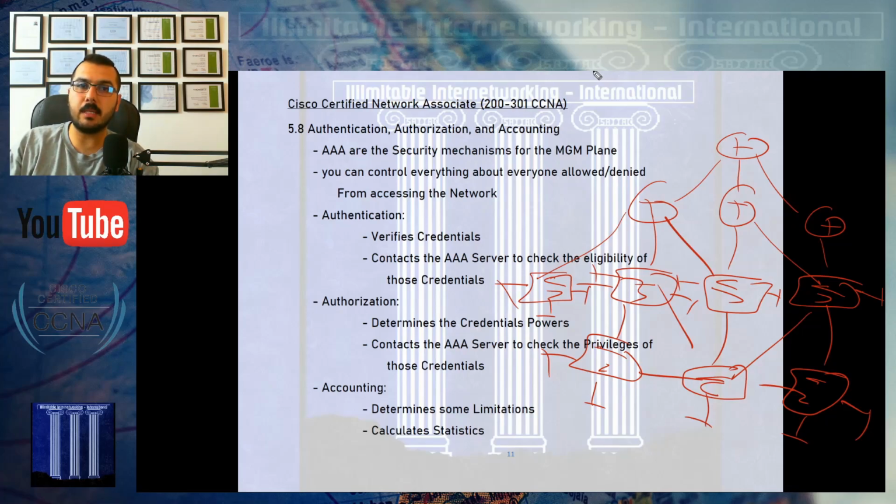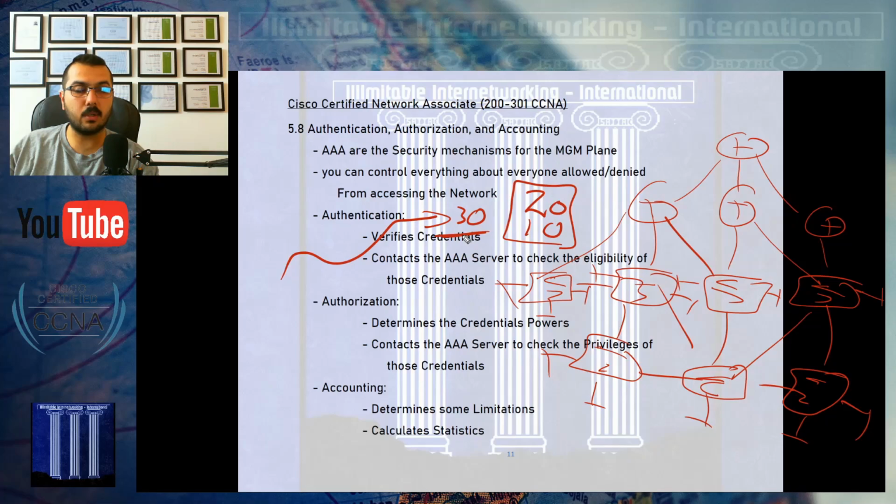One of the big uses of AAA is this scenario. Say you have 20 engineers in your network and 10 servers that need to access your devices. So now you have 30 end devices that want to access all of those, and because of the security policies, all of those 30 must have credentials, and credentials are usernames and passwords, of course with some privileges.